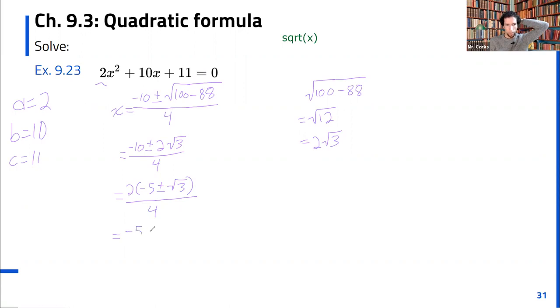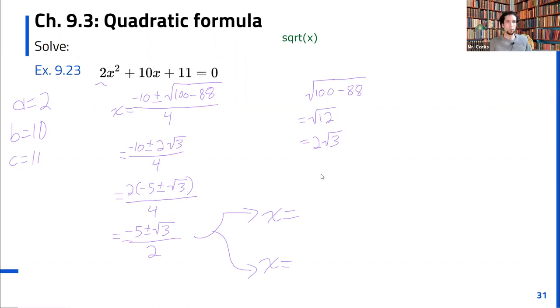So -5 plus minus root 3 over 2. And the two versions, the plus and the minus version, I will skip writing those out here. x equals something, or x equals the other something. Okay, so that's the formula.